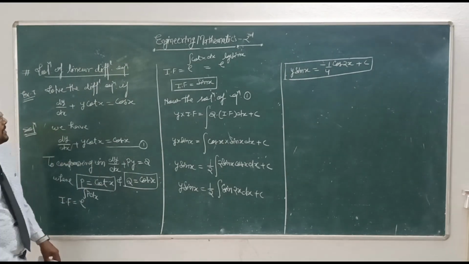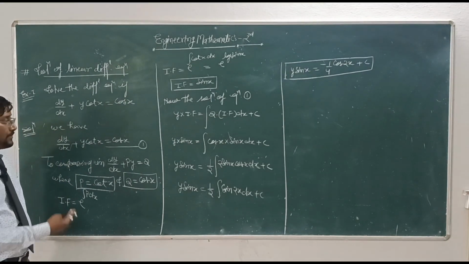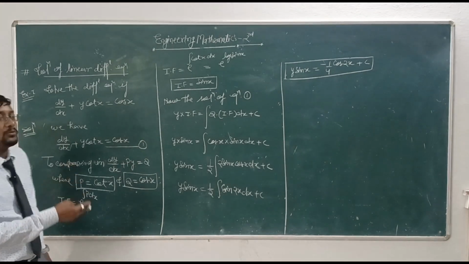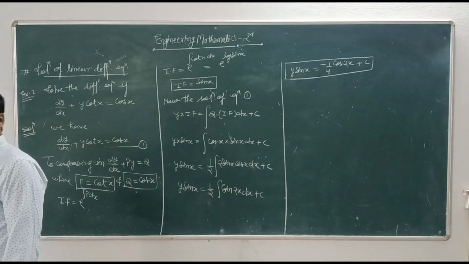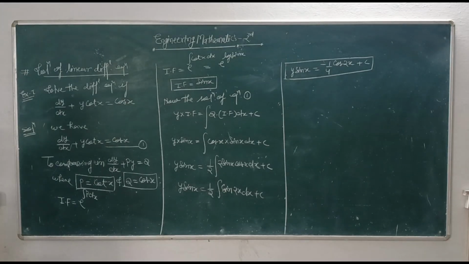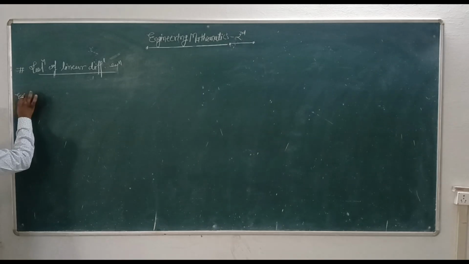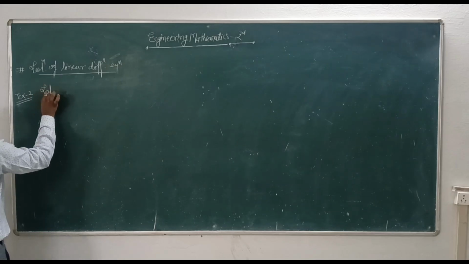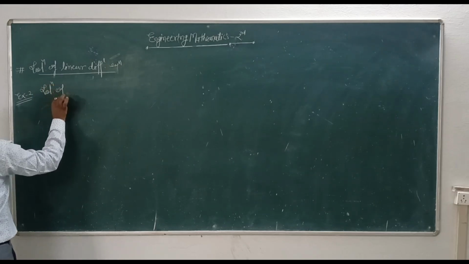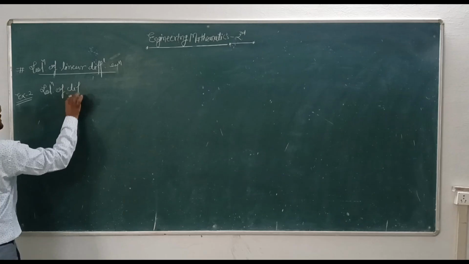This is important for your examination. Now continue to the next numerical. If you have any problem, please comment on my video. Thank you. Example number second, note down: solution of linear differential equation.